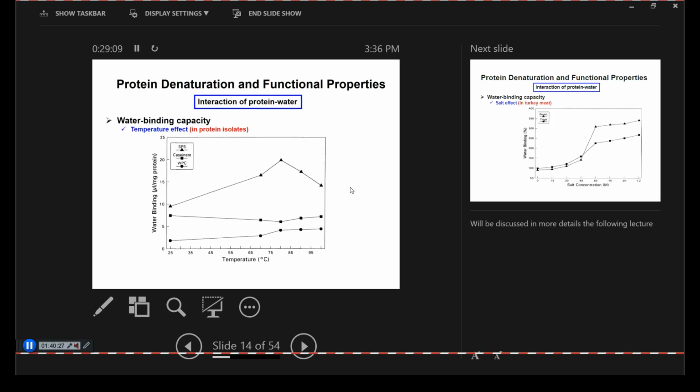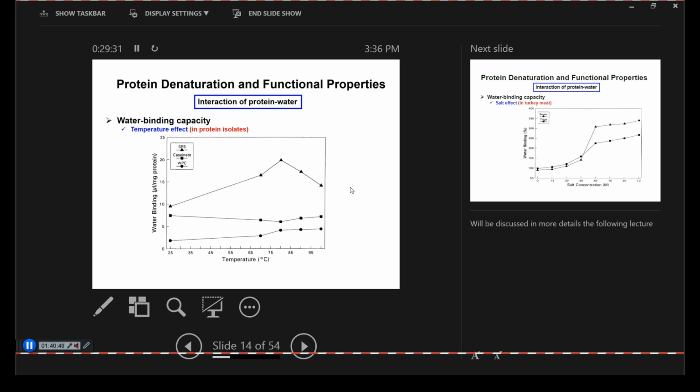So here's an example of a temperature effect. If we look at the soy protein, it should be soy protein isolate. What happens here is as the temperature increases, we start binding a little bit more water.